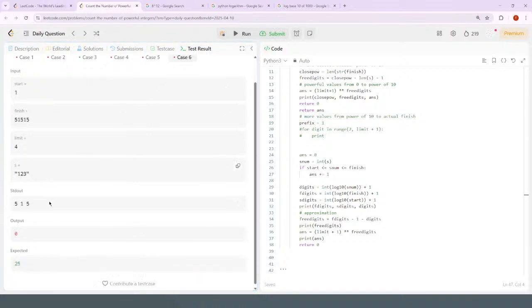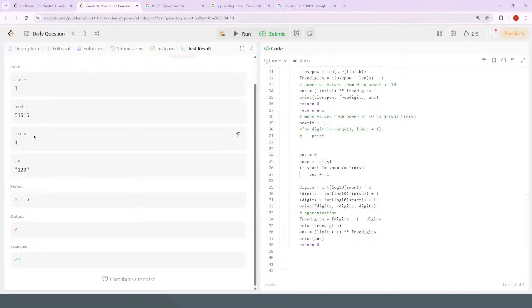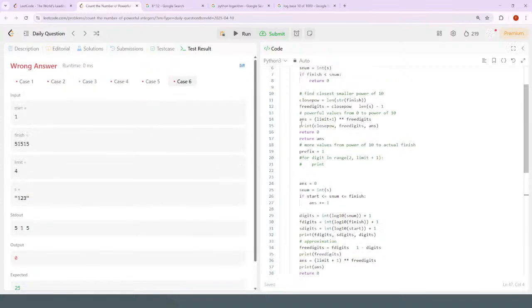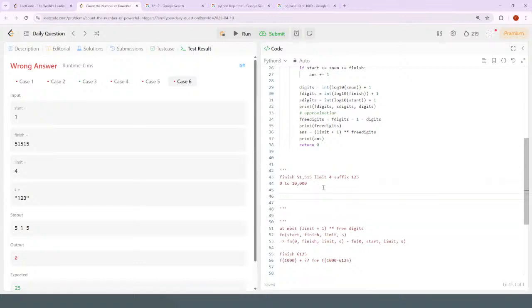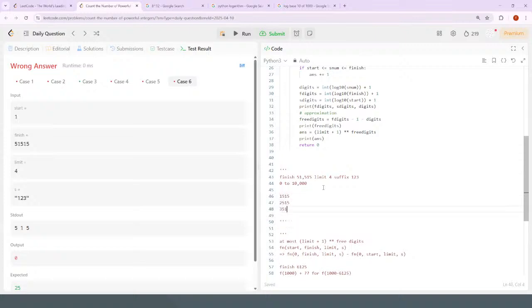Okay, so here, for this case, the simple stuff would be like 1 5 1 5, 2 5 1 5, 3 5 1 5, 4 5, and 5, and technically 0 5 1 5 is counted as one of those fives.